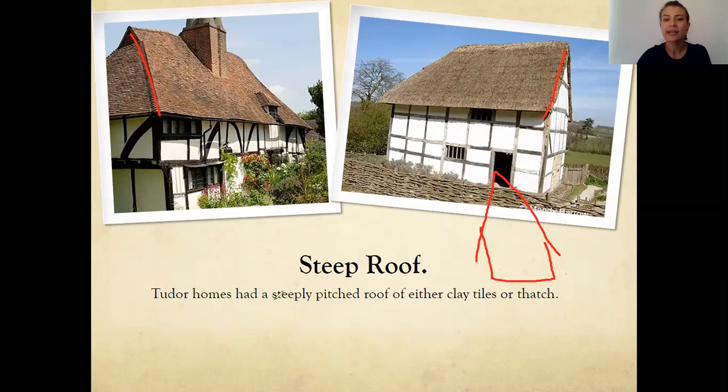Tudor homes had a steeply pitched roof of either clay tiles, it's this one, or thatch. Thatch was the same that the Celtic roundhouse had. It's this type of material here, thatch, or clay tiles.